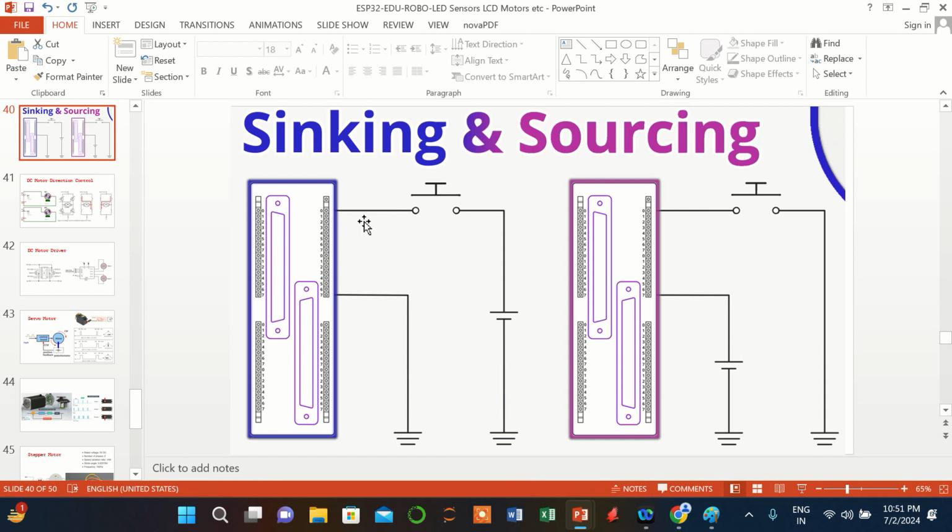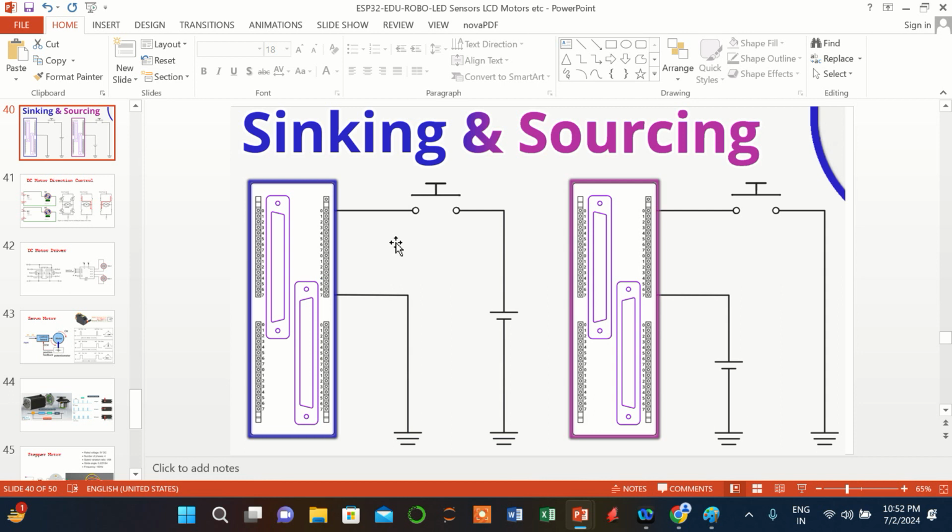So the best practice is to always connect a series resistor between this pin and the switch or any sensor. If you connect a series resistor, roughly let's say 330 ohms, then assuming this is a 3.3 volt supply, and the controller reads this pin, that means the current is sinking.